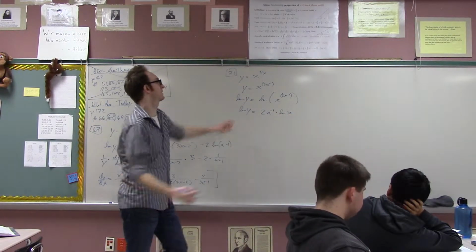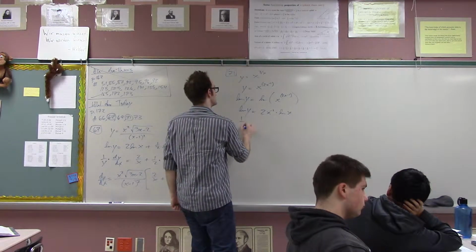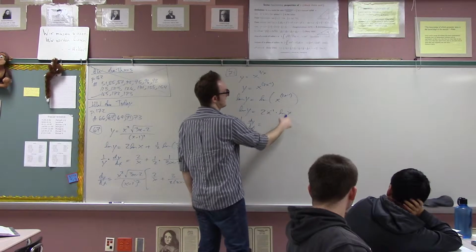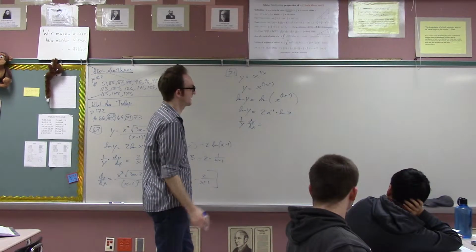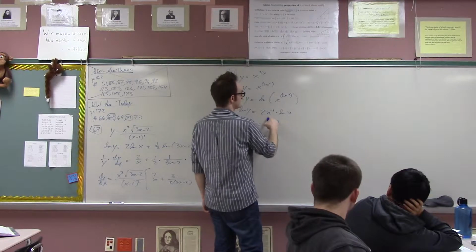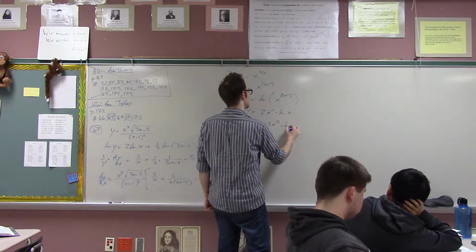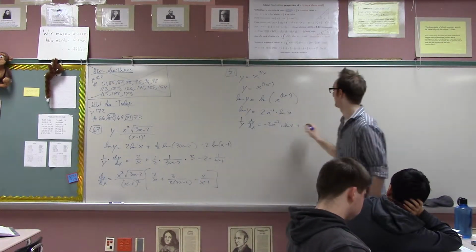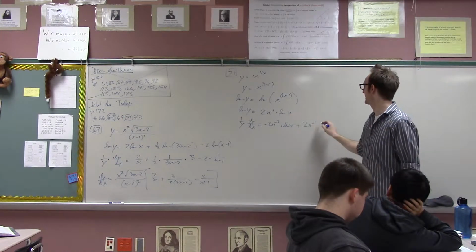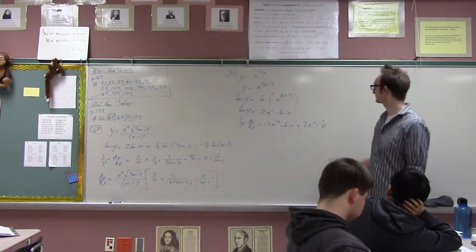And now I can differentiate this side implicitly. Derivative of ln y is 1 over y dy/dx. And now I just use the product rule. So derivative of the first, negative 2x to the negative 2, times the second, plus the first times the derivative of the second, and the derivative of ln x is 1 over x.